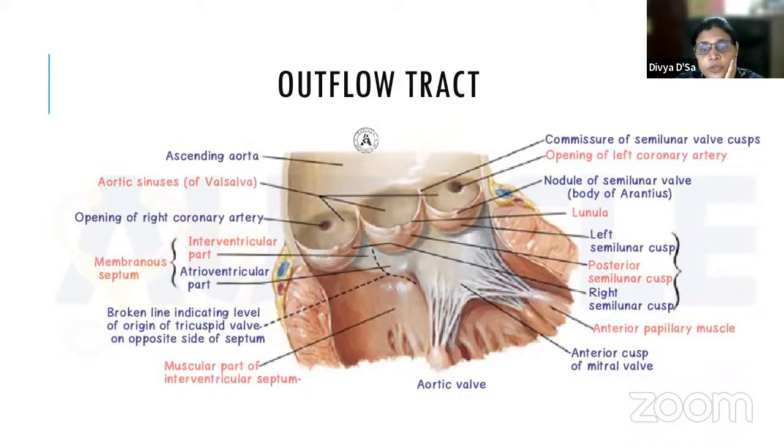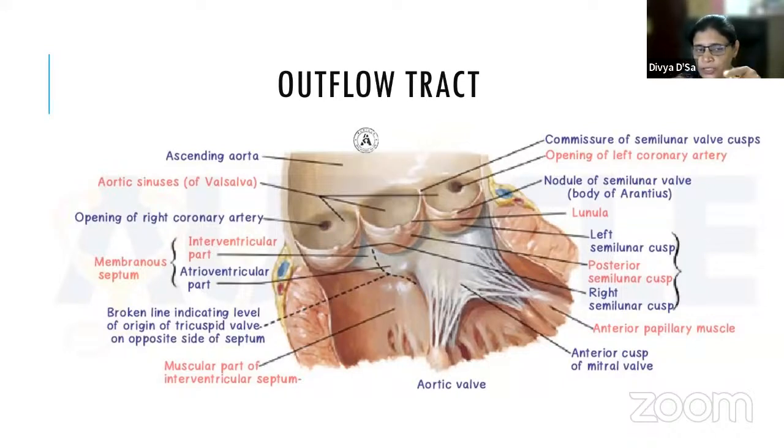If you see these cusps, they are like a cup. So they provide a vortex. When the blood flows to the ascending aorta or through the pulmonary trunk, the blood should not flow back, right? The blood gets filled in these cusps, and it helps in the approximation of the cusps so that they don't open.